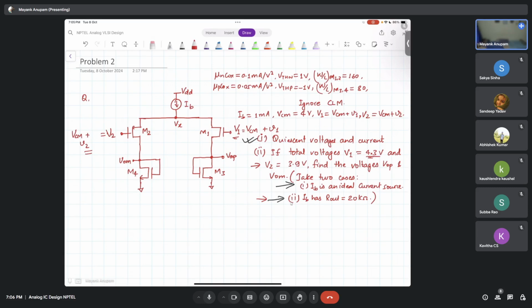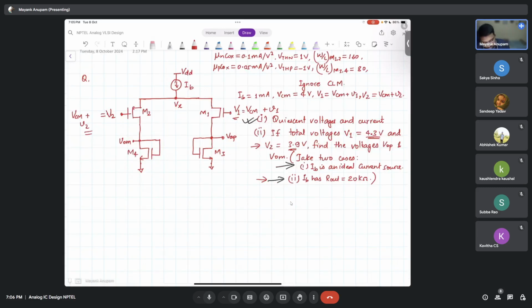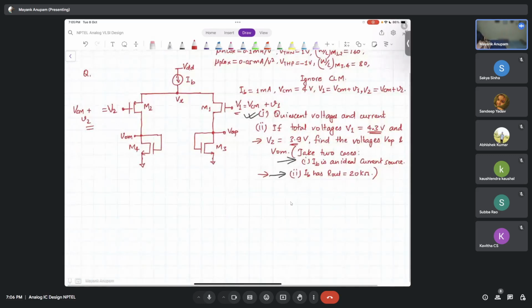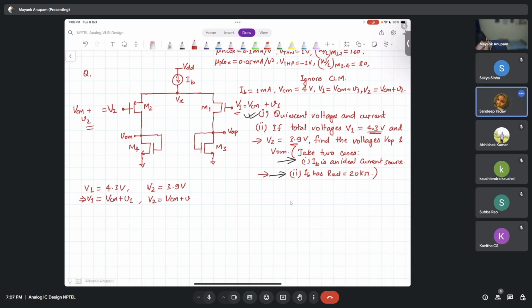They need not be fully differential, and this is also something which you've seen here. So V1 is now 4.3 volts and V2 is 3.9 volts. VCM was 4 volts. V1 is supposed to be equal to VCM plus small v1, and V2 is supposed to be VCM plus small v2.